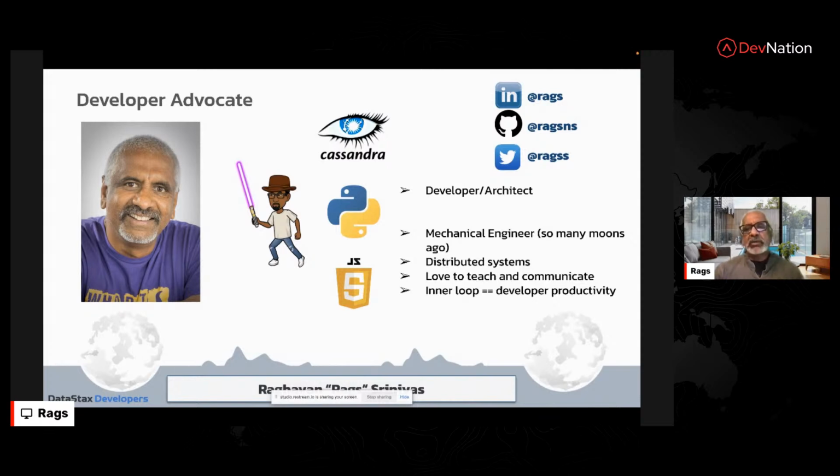I really love to teach and communicate, and one of my biggest passions is the inner loop. What I mean by the inner loop is exactly what Quarkus does: being able to do this over and over and over again in the day. If you can get some productivity gains around that, it's going to help you a lot. So we'll talk about the inner loop, where you do the quarkus:dev, and then finally you put it into production, the lightweight CI/CD loop, as it's referred to. With Kubernetes and some of the other distributed systems, it's a lot easier, but it's still not there yet.